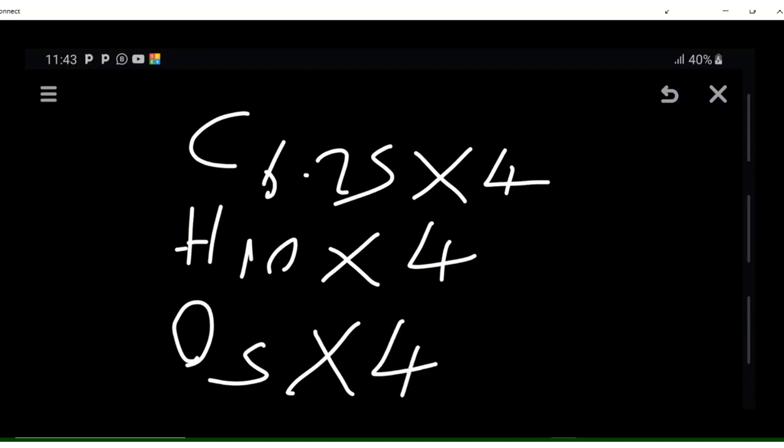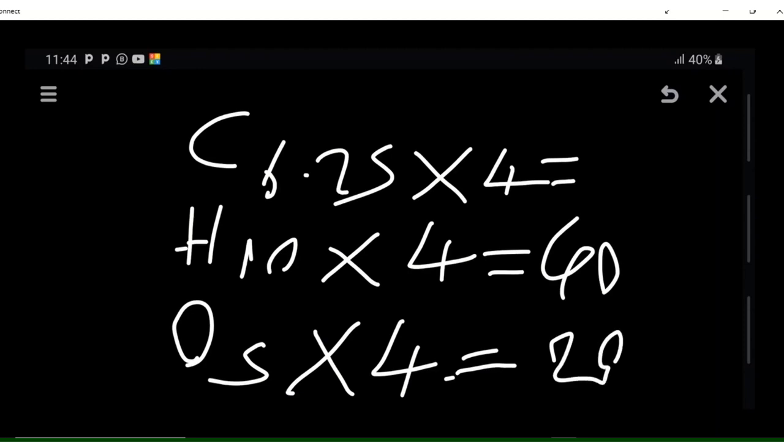So which means you have a 40, you need a whole number, a 20, and 6.25 multiplied by 4, you get a 25. You have the whole numbers. That's the rule.